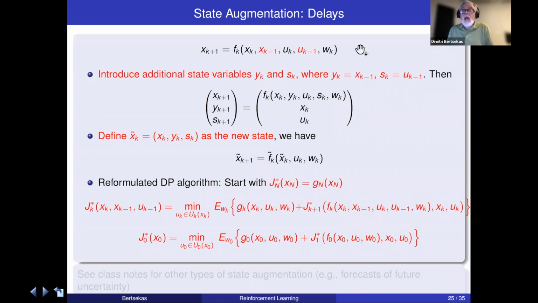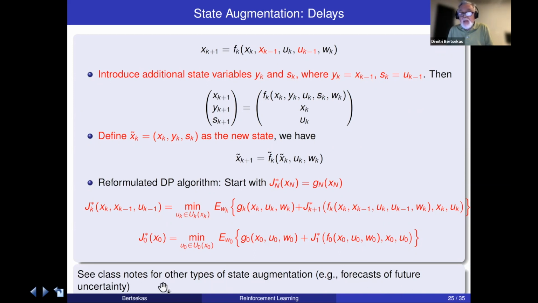There are many types of state augmentation that are along this pattern. Your class notes give you a number of other examples. One possibility is when you have a forecast of future uncertainty.